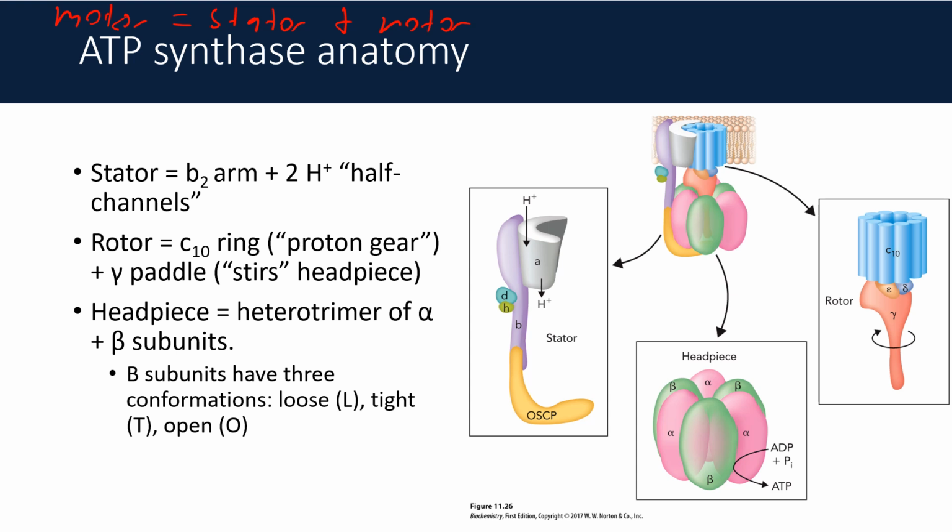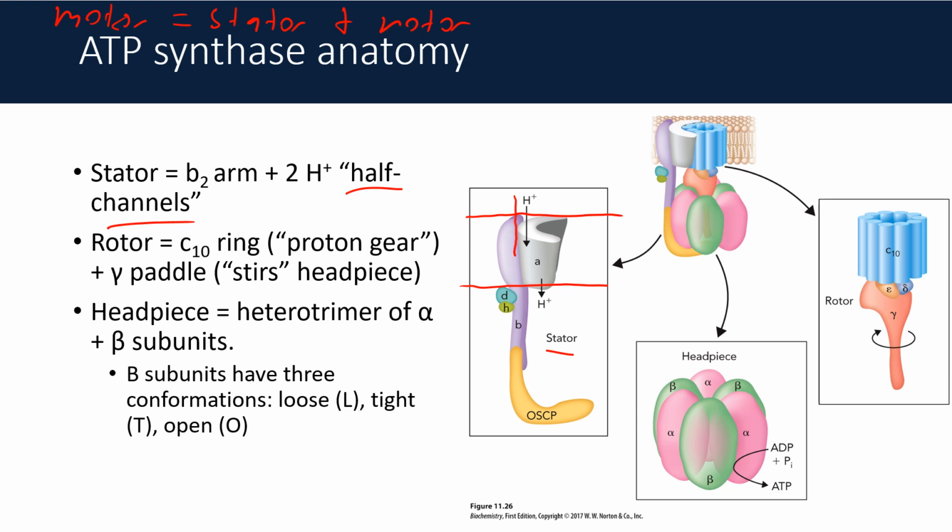The stator domain of ATP synthase consists of a protein arm that anchors the proton channel to the catalytic portion of ATP synthase below. And the inner membrane in which it is docked to, I'll draw as such. And what I want you to understand is that the proton channel running through that inner membrane is not a straight tube. It is actually two half channels. What do I mean by that?